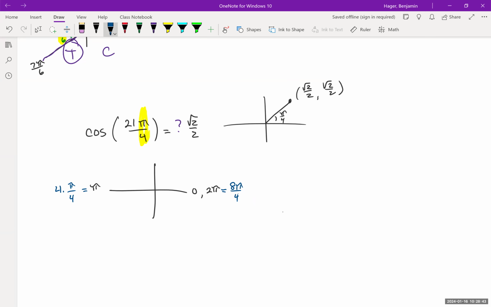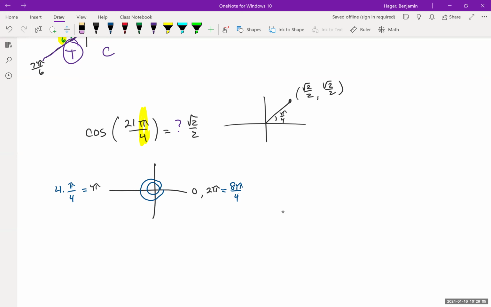All right, so I'm just going to count my way up to 21. If I go one whole pizza, that's 8 pi over 4s. Another whole pizza would be 16 pi over 4s. I just added another 8. Another whole pizza would be 24 pi over 4. So that's too many.